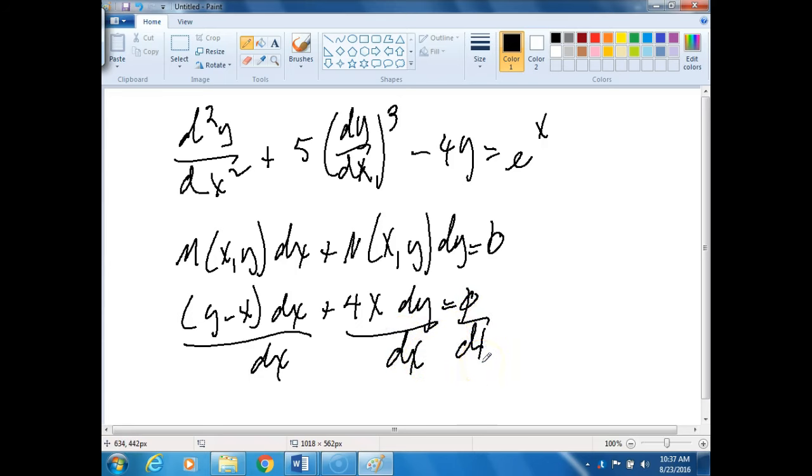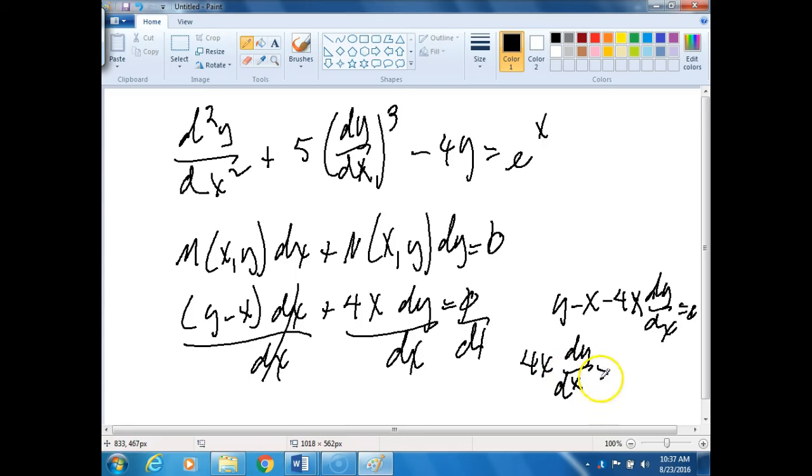If you thought of it that way, then this would be y minus x, and dx is 1, minus 4x dy/dx is equal to 0. So you could say 4x dy/dx is equal to y minus x. Now that looks like an ordinary differential equation.